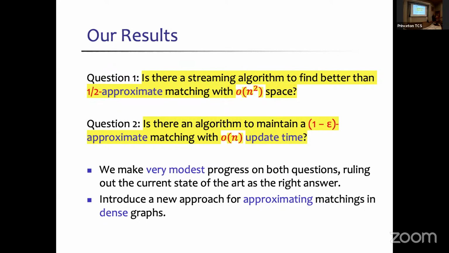If I wanted to be technically precise, I would have written very as a tower function, as you will see in a moment, because the progress is indeed very, very modest. But I think one nice takeaway from our work is a new approach for solving the matching problem approximately in dense graphs, which is the notion of sparsifier for matching, and which may be of independent interest.